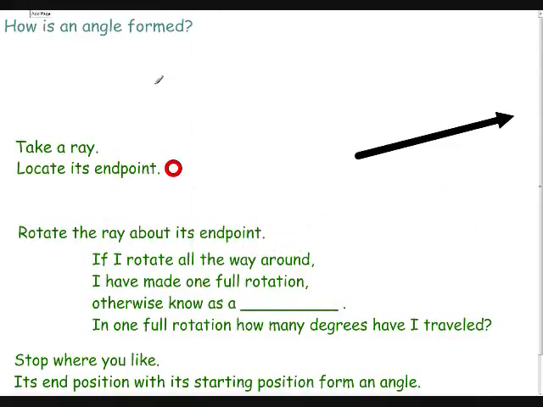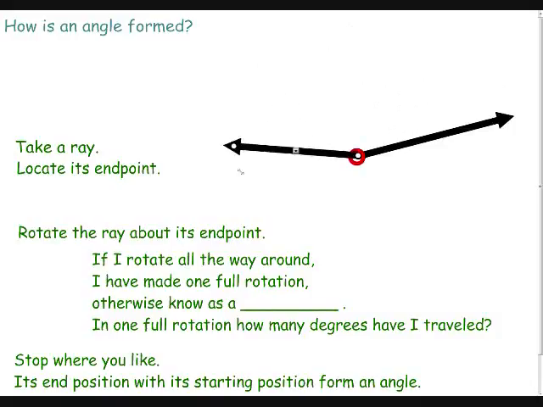Okay, how is an angle formed? Let's take a ray here. We've got one. Locate its endpoint. So the endpoint is the part that doesn't have an arrow on it. You can rotate this ray about its endpoint, and let's try doing that.